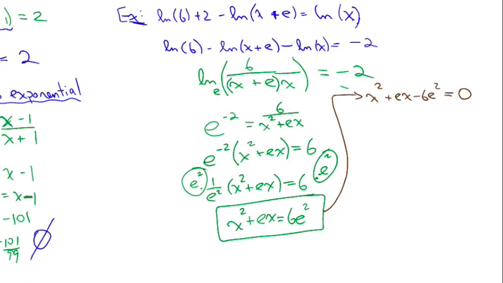You would say factors of 6 that subtract to 1. What are factors of 6 that subtract to 1? 3 and 2, right? So you go x plus 3, x minus 2, right? But if I multiply those two together, it doesn't give me the e's. So where do the e's go in this little factoring?